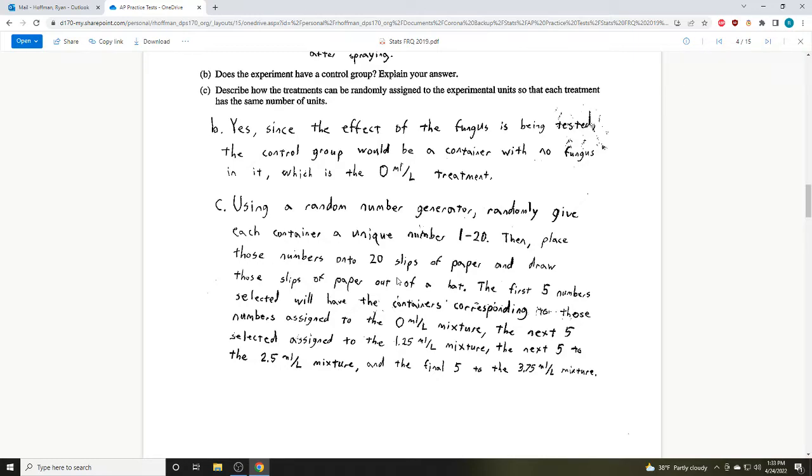You want to make sure that your method, whether it's a random number generator or drawing slips out of a hat or a random INT on the calculator, will result in 5 going into each group, and which 5 go in which group is chosen at random. So that is your process on a random assignment.